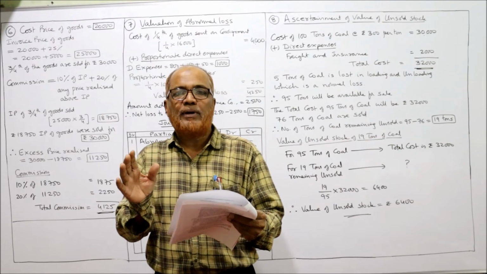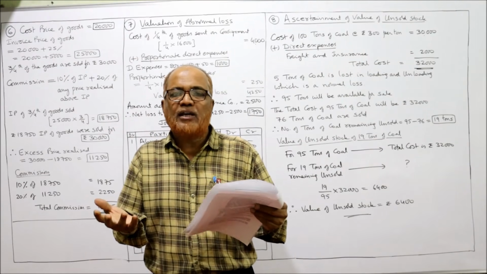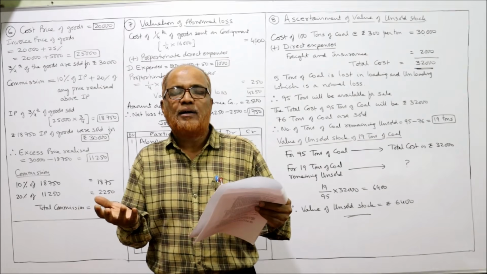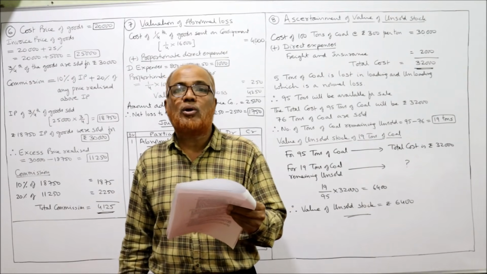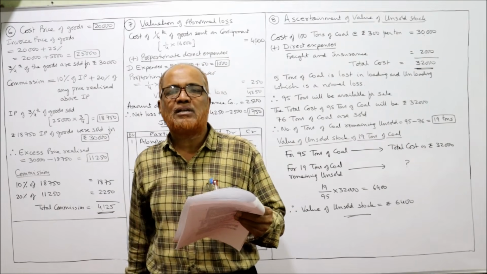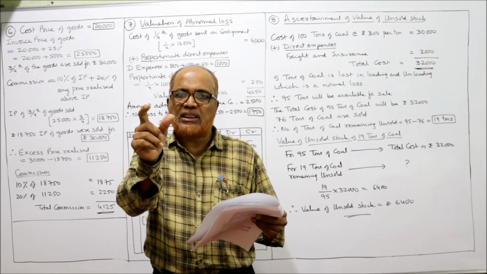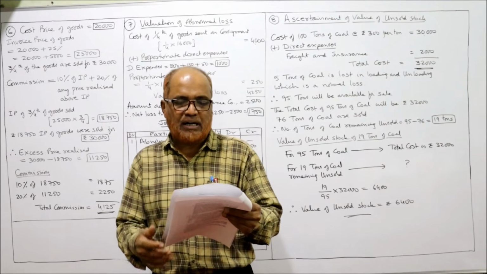The invoice price is arrived at by adding 25% on cost price. Whatever the invoice price is, 10% of that will be the commission.